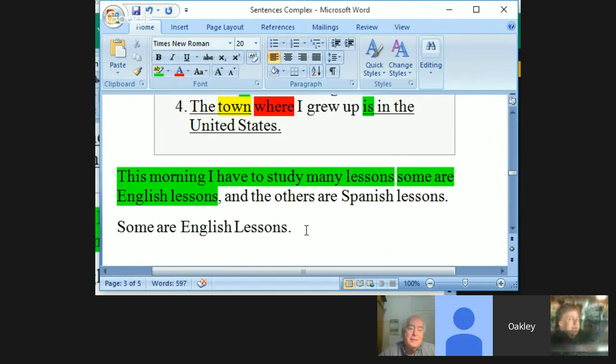They refer to the first one in order to define the first one, because they are part of the first one. This English lesson is a part of the lessons that I have to study. But it's an independent clause. I write it here, and Microsoft Word is telling me that this is okay as a sentence.